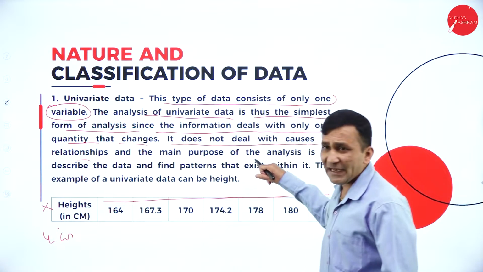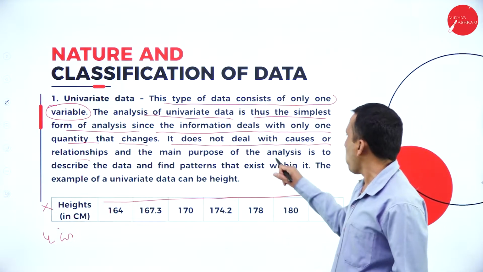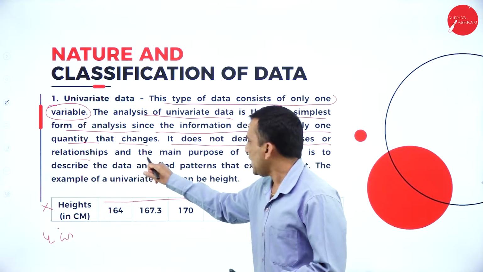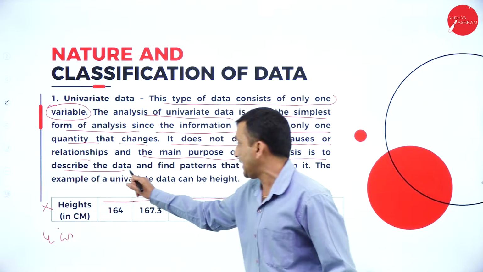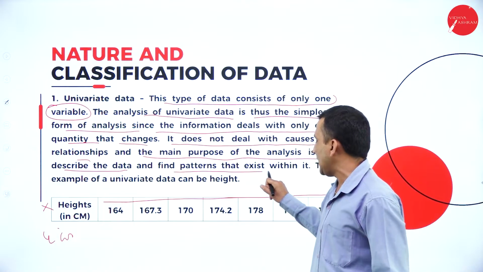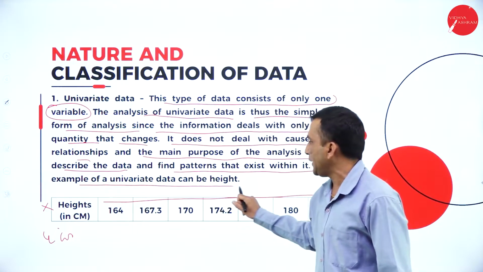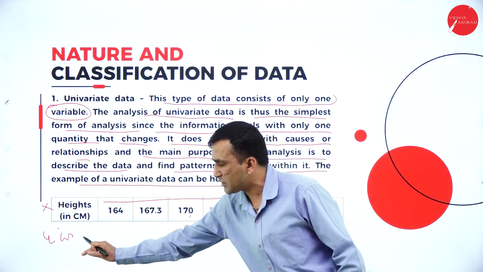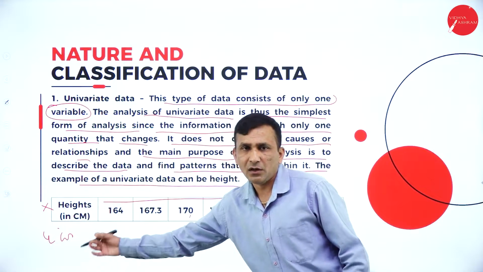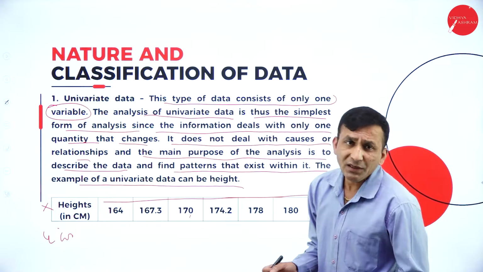But in the case of univariate data, we are not finding any relations. The main purpose of the analysis is to describe the data and find patterns that exist within it. An example of univariate data is height. You can take height separately, or weight, or male. Only one variable you can take.